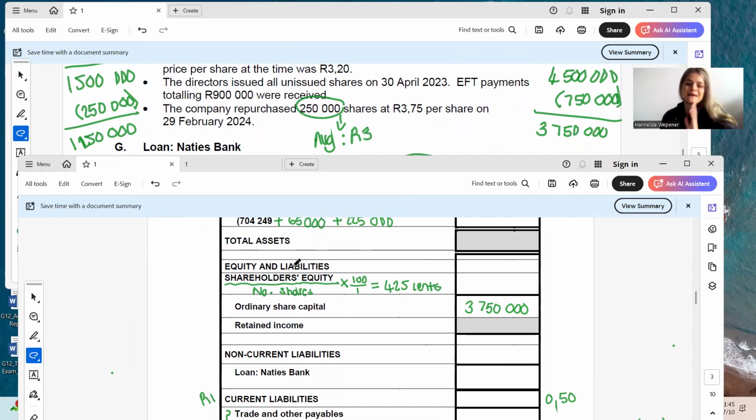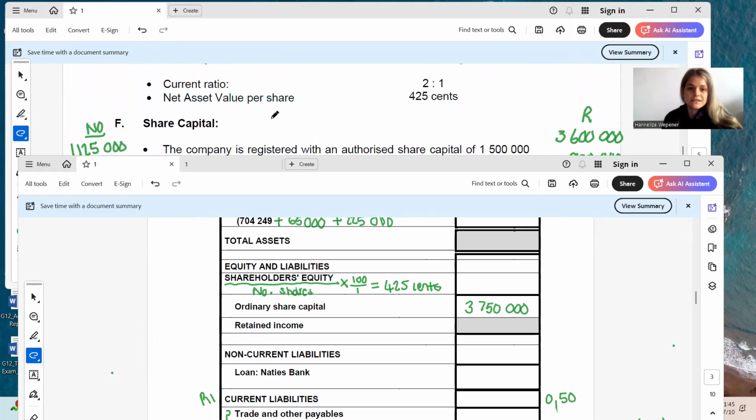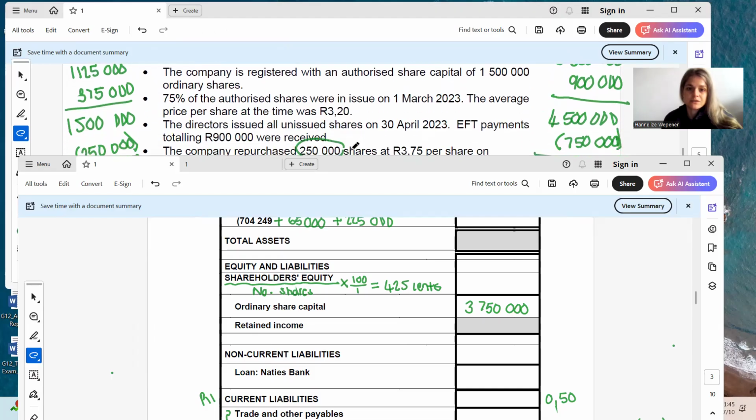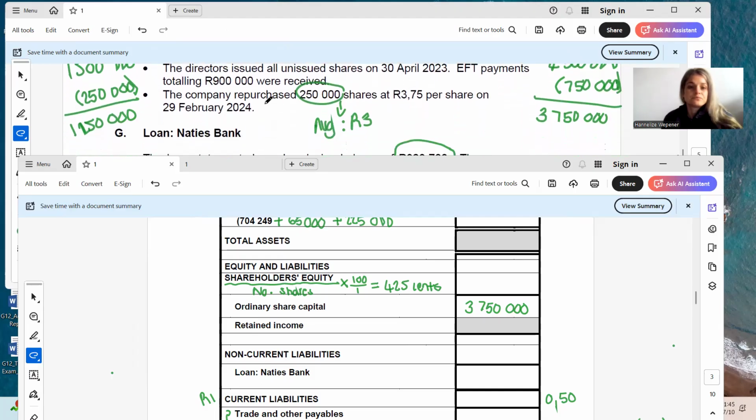Okay. But we now need to use this information to calculate our shareholders' equity using our number of shares in issue, and then also our net asset value. So in other words, our NAV. Right. So we said that by year end, we had 1.25 million shares in issue. So we don't know what the shareholders' equity is.